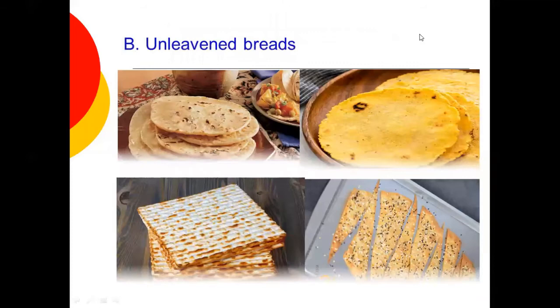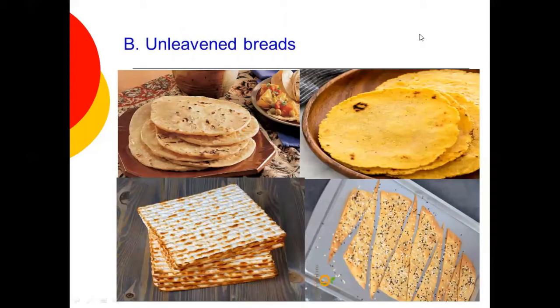The second type of bread is unleavened breads. Unleavened flat bread is baked from a dough of water and flour with no yeast, baked flat and round like tortillas or chapati.